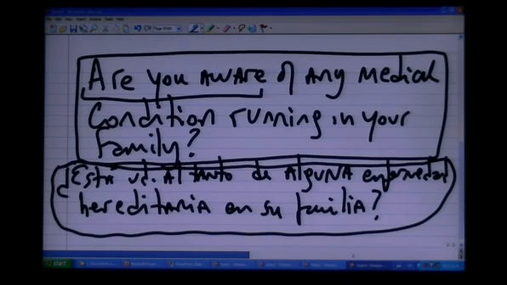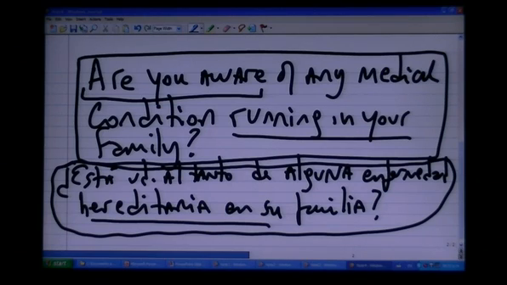And now when you hear the whole phrase, you transfer that accordingly. It doesn't say, ¿está usted al tanto de una condición médica corriendo en su familia? This "running in your family" tells us hereditaria en su familia. That's really what tells you hereditaria, in a way.